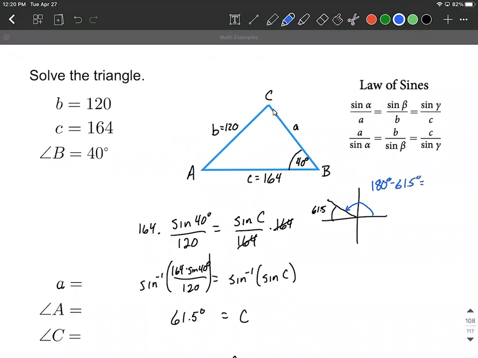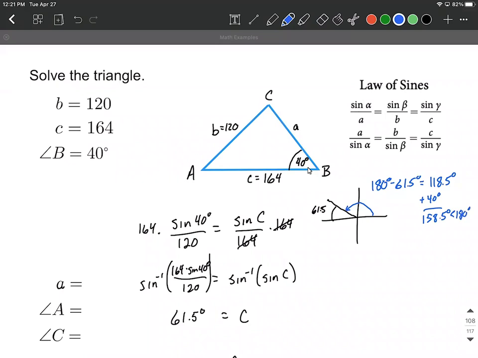All right, this works out to be 118.5 degrees. Because 118.5 plus the angle that we already know, the 40 degrees, works out to be 158.5 degrees. That's smaller than 180 degrees. What that means is we can have a second triangle created in this case.